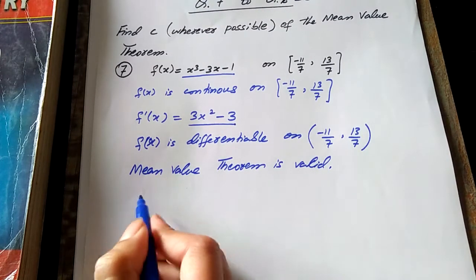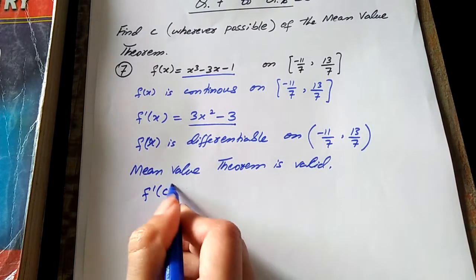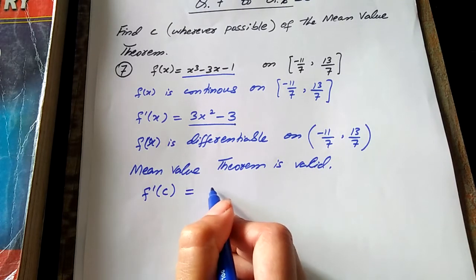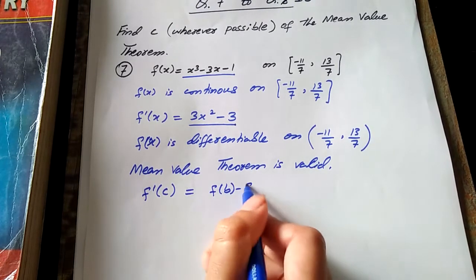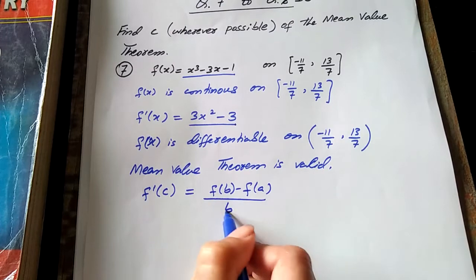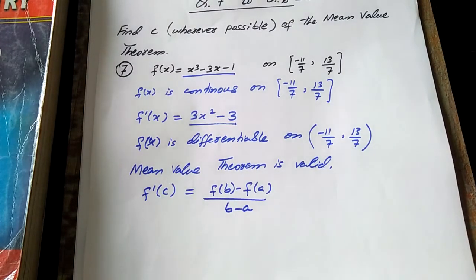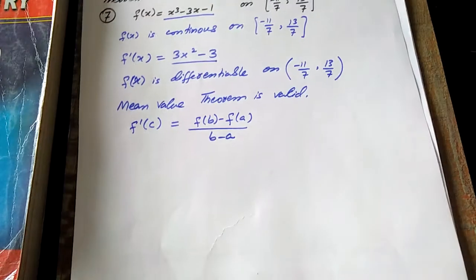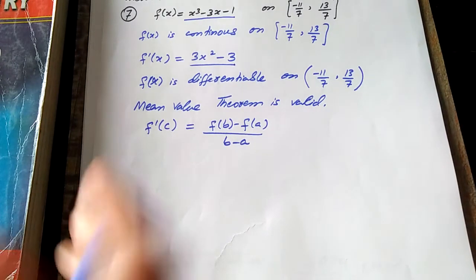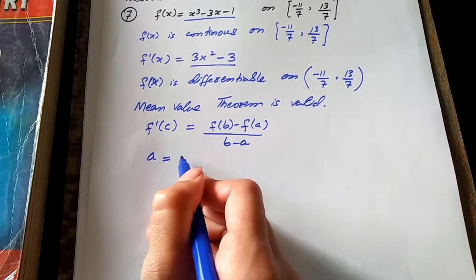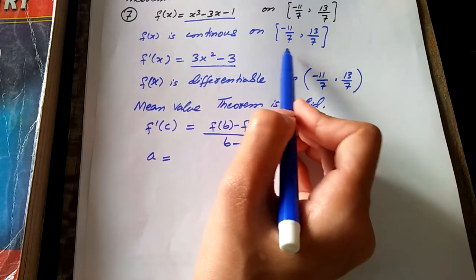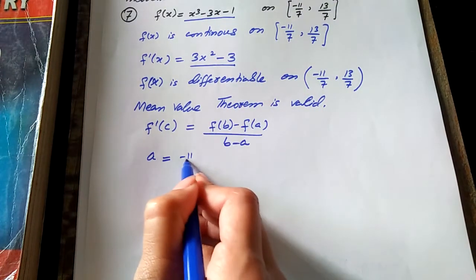Now we'll use this formula: f dash of c equals f of b minus f of a over b minus a. For using this formula, we need some values. We need a, that is the starting point of this interval, minus 11 over 7.